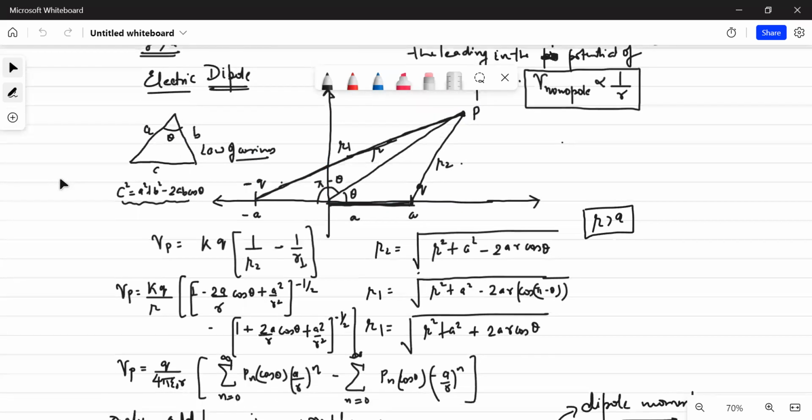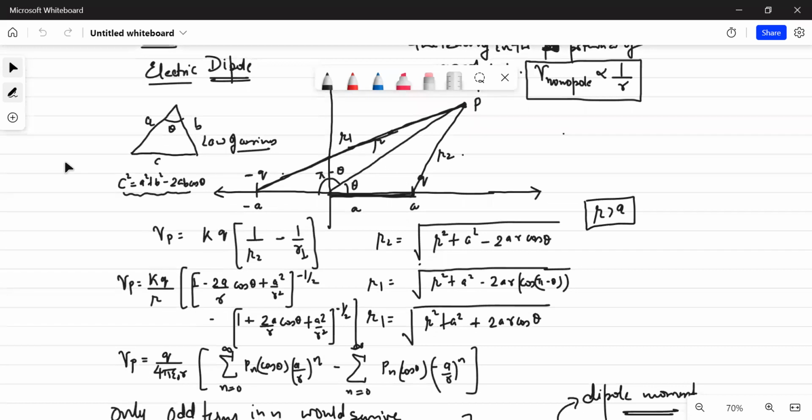We were focusing on the solutions where r is greater than a, and we were trying to find the asymptotic variations. That is, at a very large distance, what would be the leading behavior. Today we are going to continue from here.